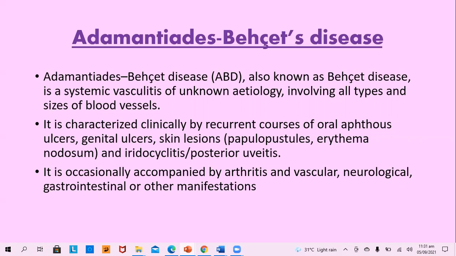The disease is occasionally accompanied by arthritis and vascular, neurological, gastrointestinal, and other manifestations. But as the description shows above, the main features are the oral and genital aphthous ulcers, skin lesions, and eye changes.